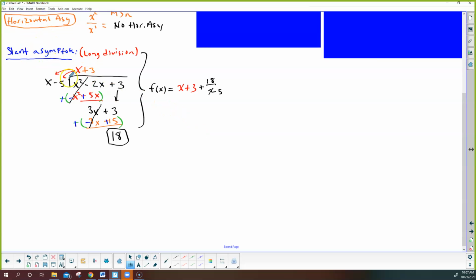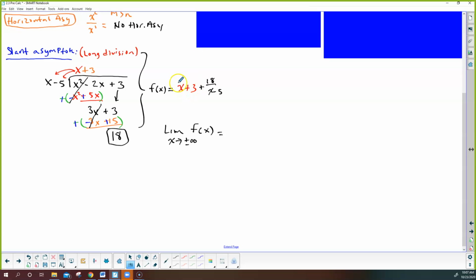We're looking at what's happening to the far left and the far right of our graph. Well, the end behavior has to do with limits. It has to do with going to positive infinity, or really, I might just put positive or negative. Because that's what we're looking for: what's happening to this function as we go really, really far left and right. Well, the behavior of the graph is controlled by the two pieces.